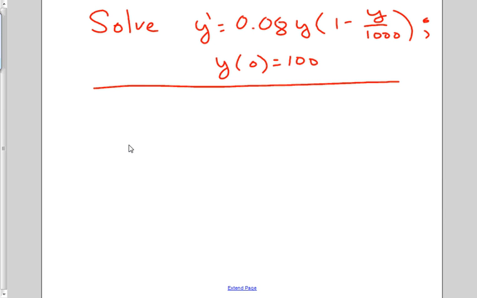So in the last video, we derived the logistic model, and that was a heavy video on integration. Now we're going to actually use it in practice.